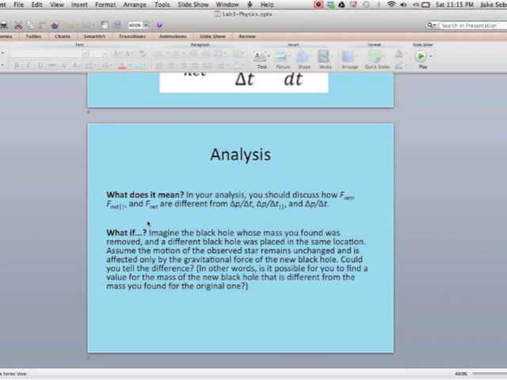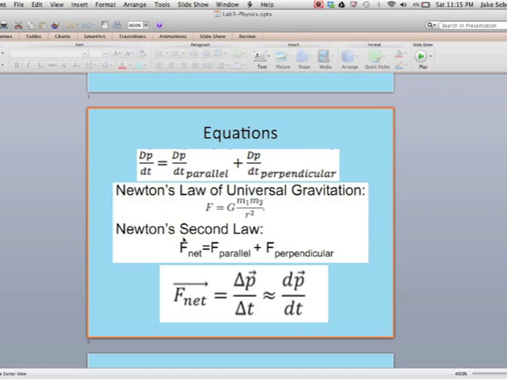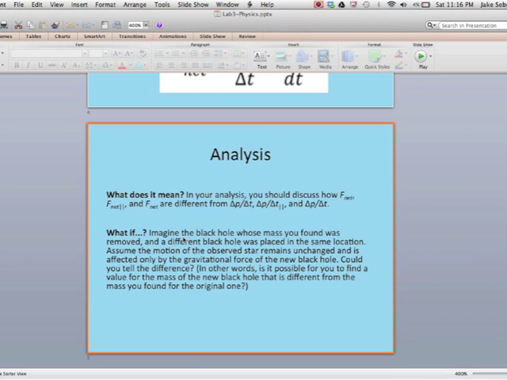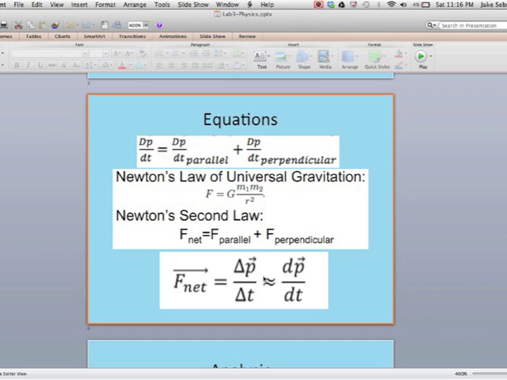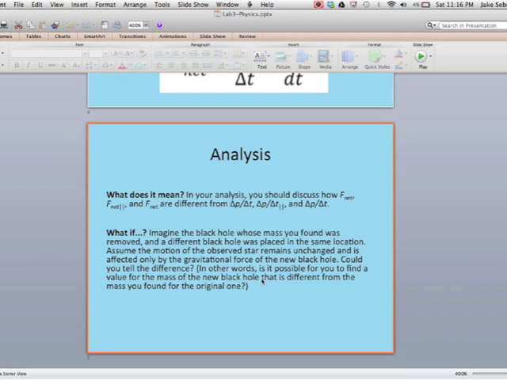Let's answer some analysis questions. What does it mean? You can see from the momentum principle, F net equals dp/dt, as shown here, and the F net parallel is equal to dp/dt parallel, as well as dp/dt perpendicular is equal to the F net perpendicular.